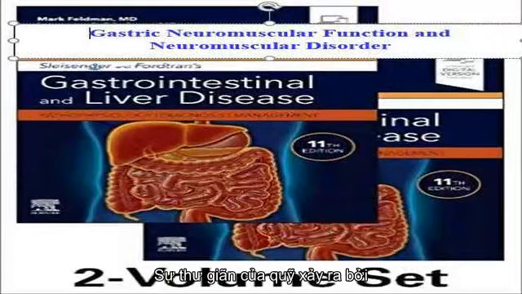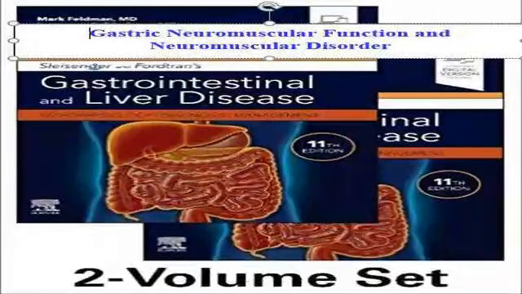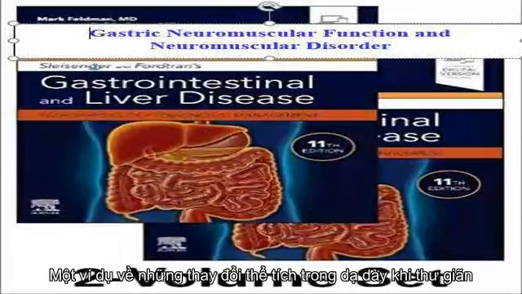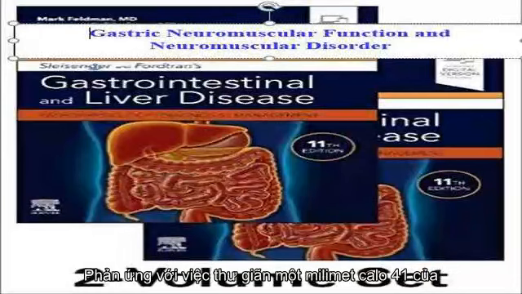Relaxation of the fundus occurs before the work of trituration in the corpus antrum and is a vagal nerve-mediated event that requires nitric oxide. Figure 50.9 shows an example of the changes in intragastric volume during relaxation of the fundus and proximal corpus in response to a caloric meal.